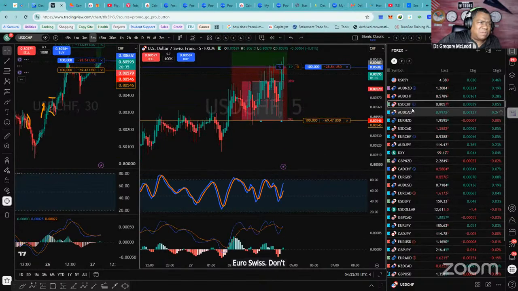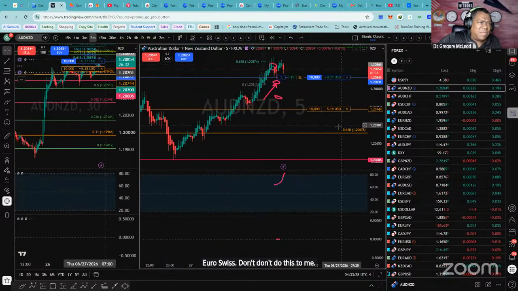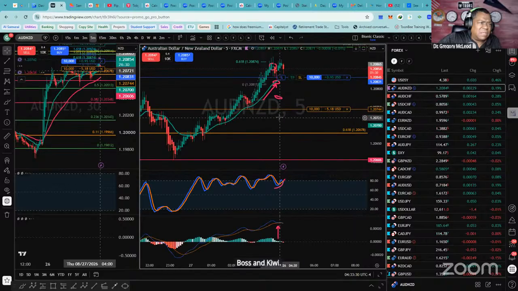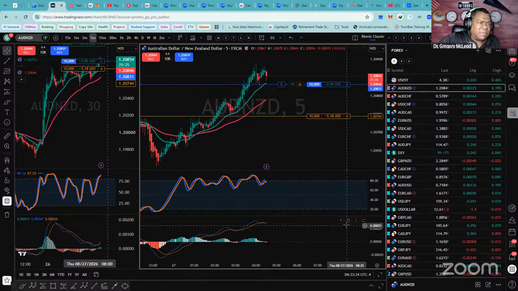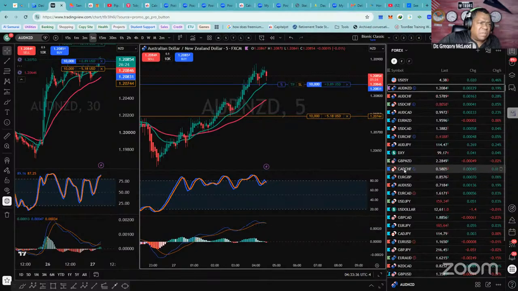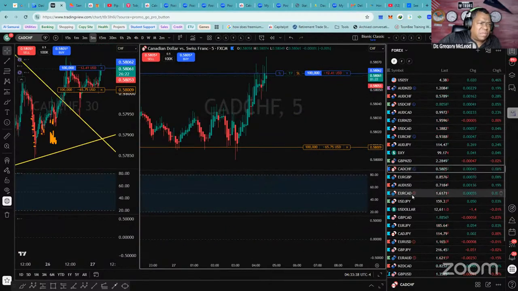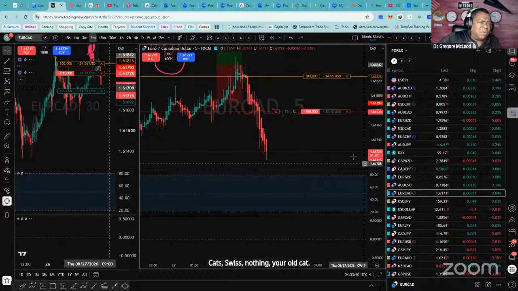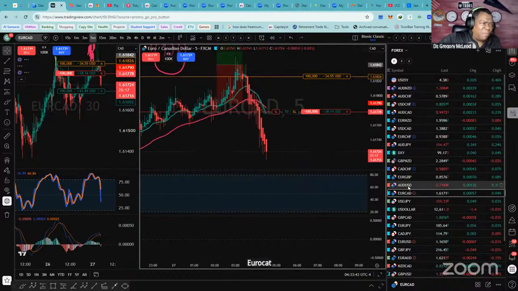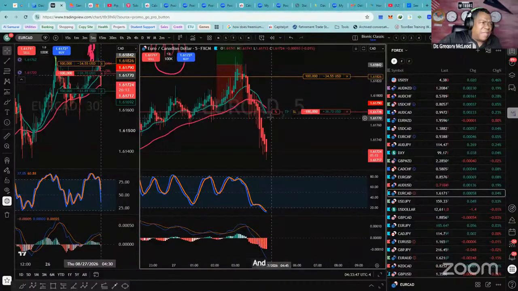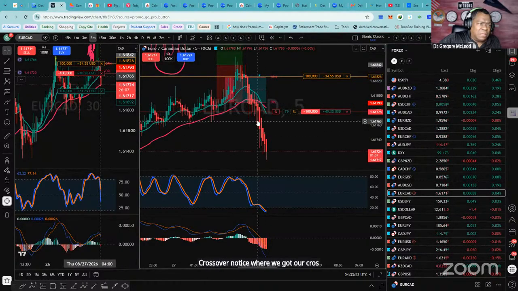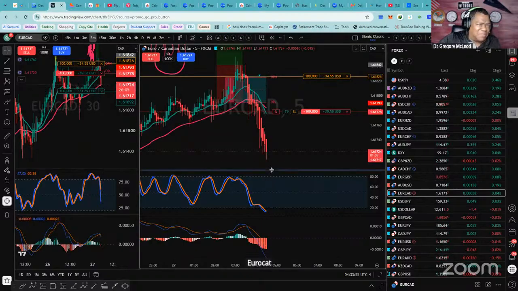Don't do this to me. Aussie Kiwi. CAD Swiss, nothing. Euro CAD. Euro CAD is the best performing one right now. And we finally got our crossover. Notice where we got our crossover, how far Euro CAD has already dropped, right?